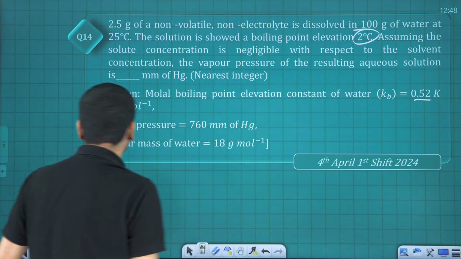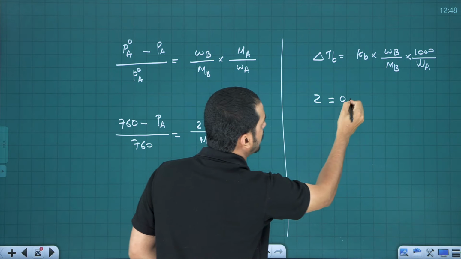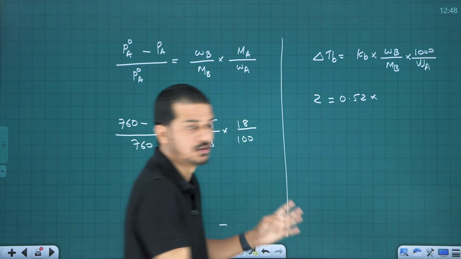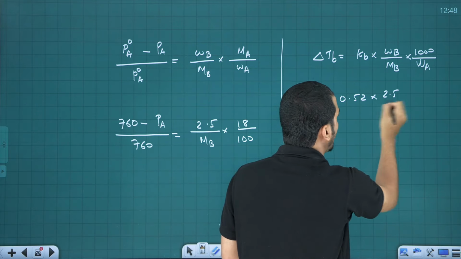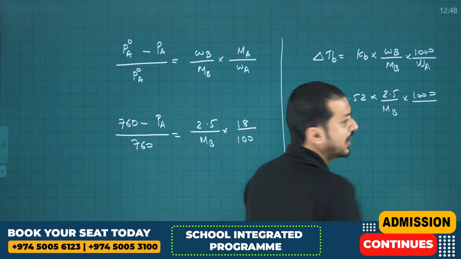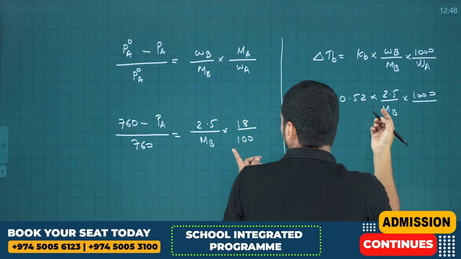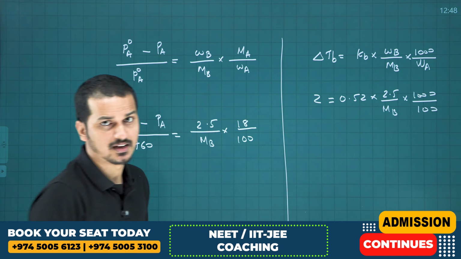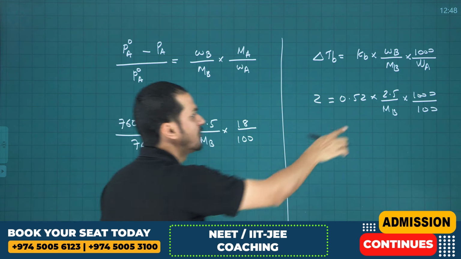Okay, 0.52, that value we can write here, and WB, the given mass of solute, is 2.5, and MB we can find out from here, into 1000 divided by weight of solvent, that is 100. Clear? So from here I can find out MB.